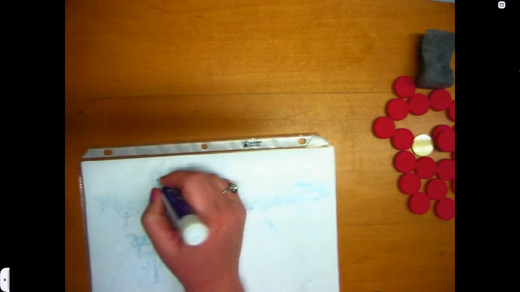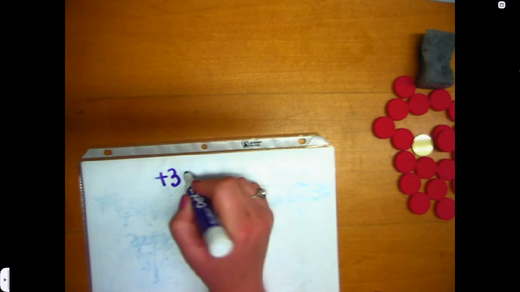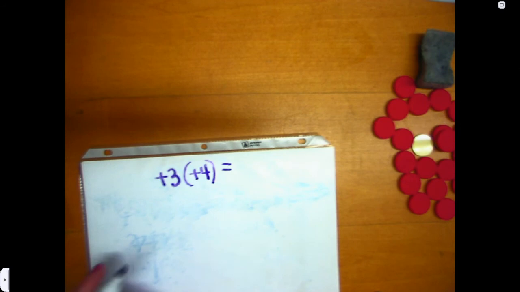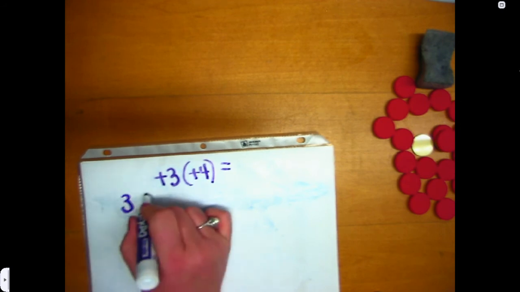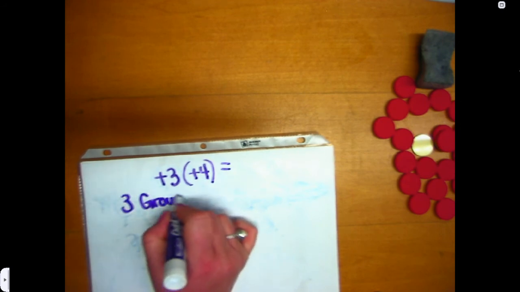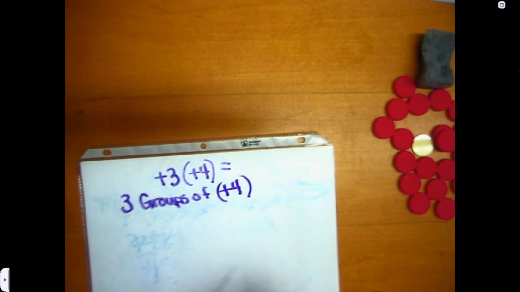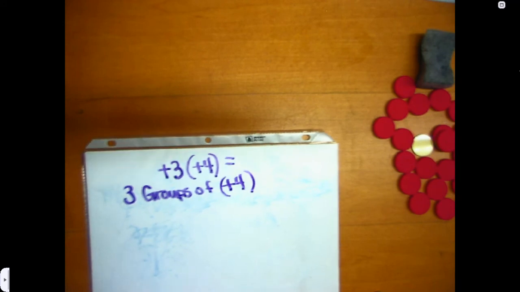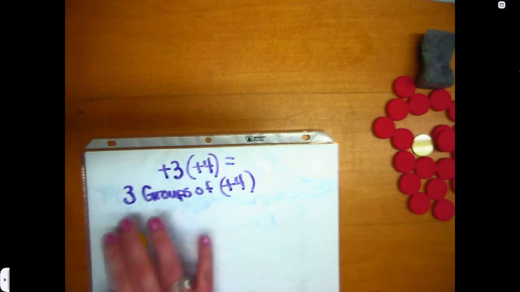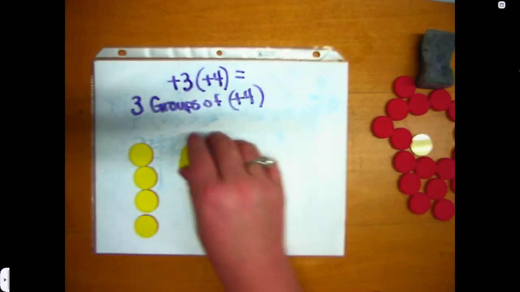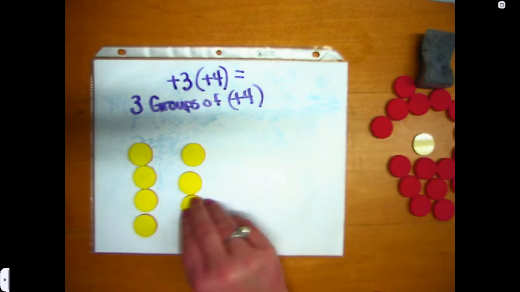If I have +3 times +4, that means three groups of +4. So I'm going to need 4 counters. 1, 2, 3, 4. That's one group. And I need three groups of those. 1, 2, 3, 4.